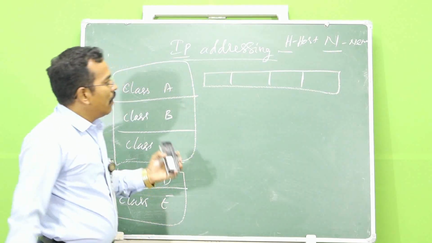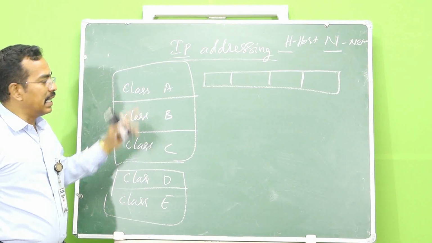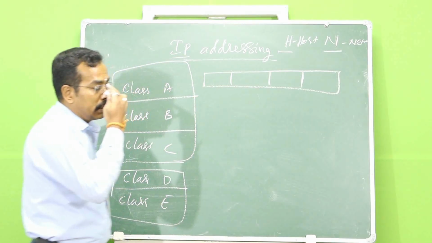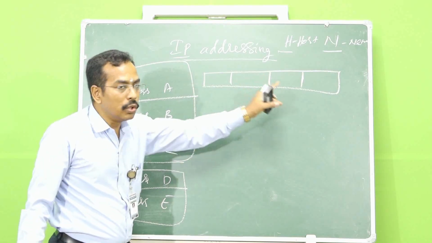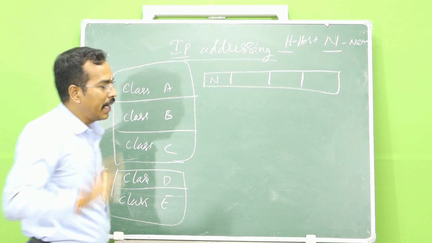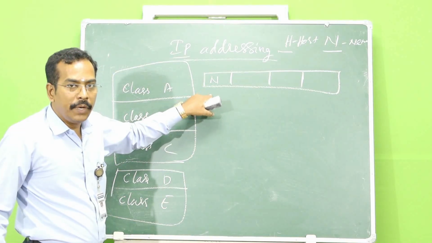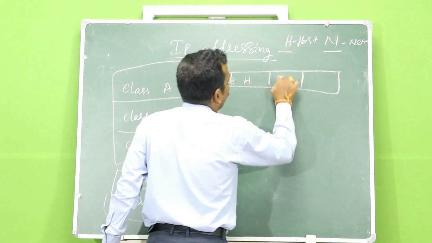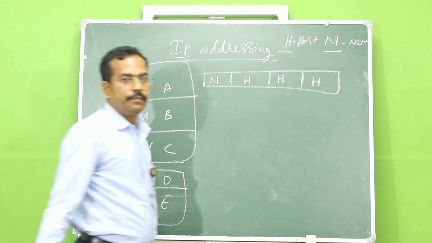Now when I am dealing with class A, three 8-bits are given for host, and only one 8-bit will be taken for network. Remaining three 8-bits will be given for host.